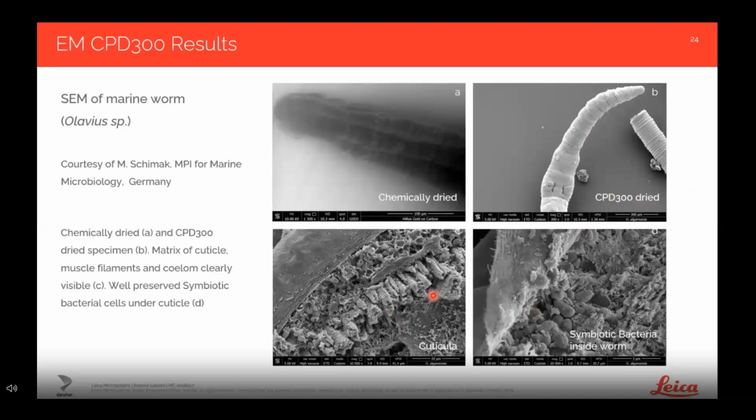You can also see the cuticle here with muscle fiber, as well as some bacterial cells that have been well preserved. Some of this finer structure, I think, is likely not as well preserved on the chemically dried sample specifically.